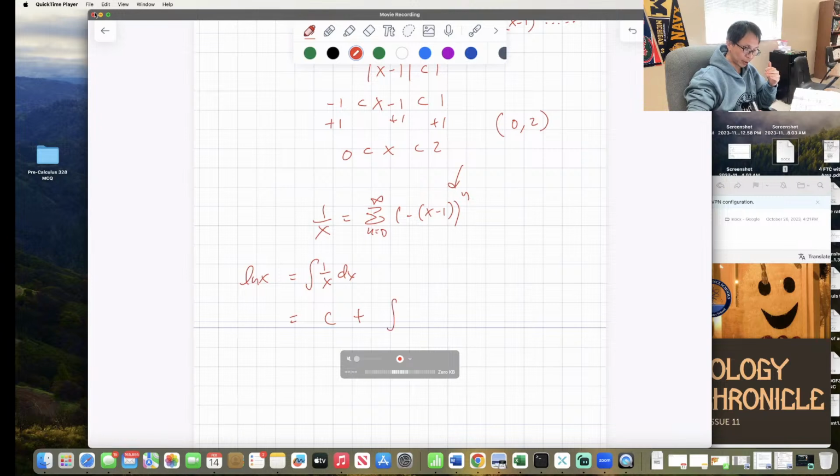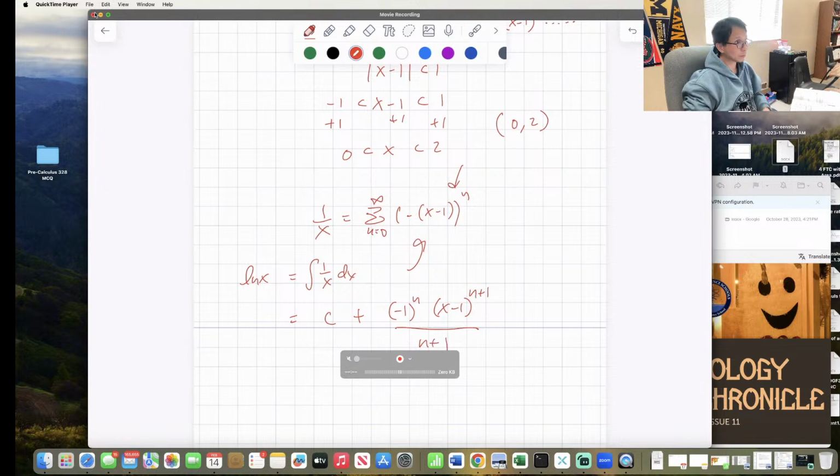Plus the integration of this: it's going to be negative 1 to the n times x minus 1 to the n plus 1 over n plus 1. So you can integrate both sides, and this will become a representation of the power series for natural log of x.